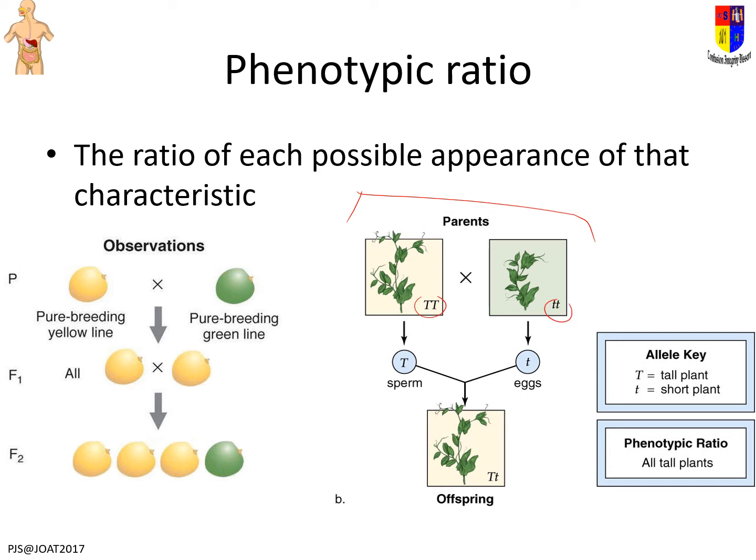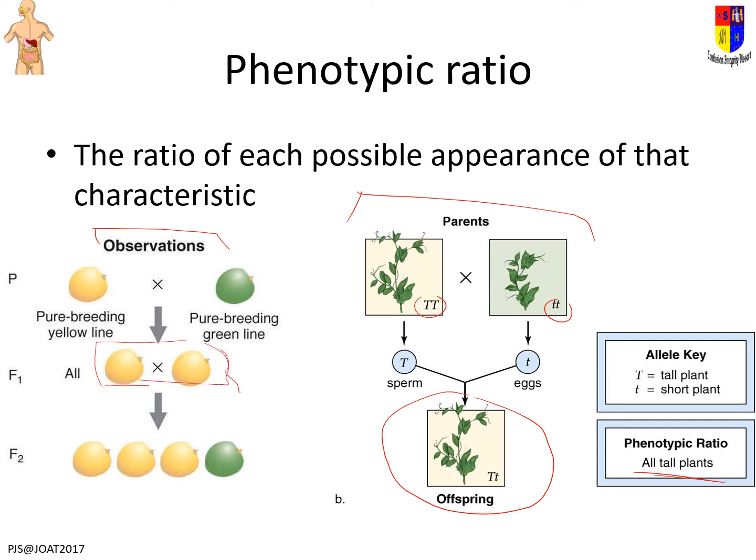They gave all offspring here, and they were all tall, so our phenotypic ratio is just all tall. But if we look at this one over here, and this time we're looking at the colour of peas inside pea plants, we've got a yellow one and a green one. When you cross those together, they all came out yellow.